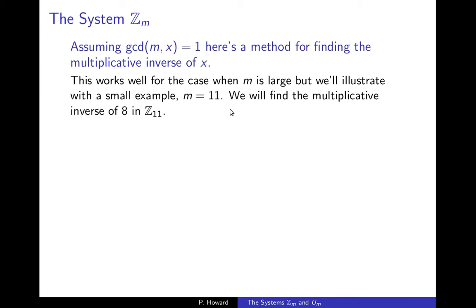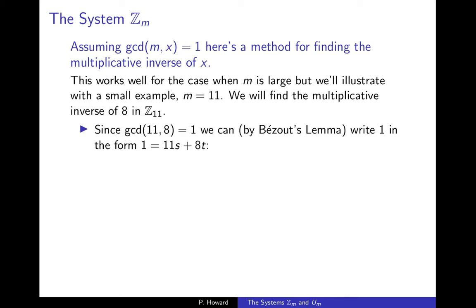And in our example, we'll be looking for the multiplicative inverse of 8 in Z11. We know it exists because the greatest common divisor of 11 and 8 is 1.